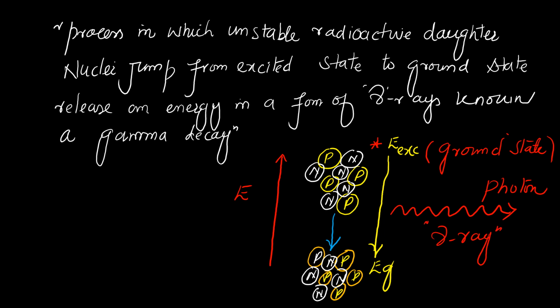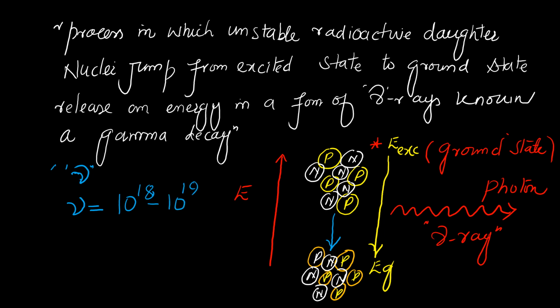The energy of the gamma rays depends on the frequency of the photon, and the frequency of gamma rays during nuclear de-excitation is around 10 raised to power 18 to 10 raised to power 19.